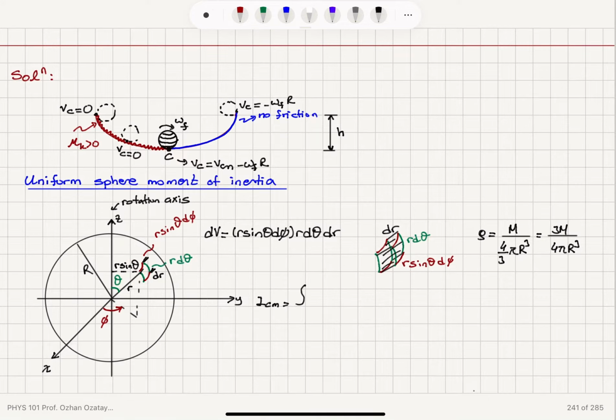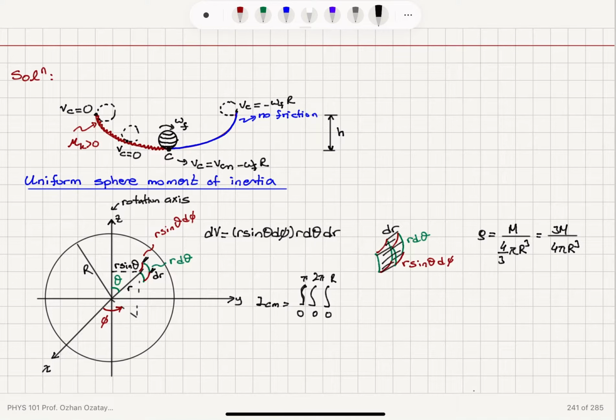As you can see, theta goes from 0 to pi. That's enough, because then we will get a slice here, and this slice will be rotating as phi goes from 0 to 2 pi and covering the full volume of the sphere. So we will have the theta integral from 0 to pi, the phi integral from 0 to 2 pi, and r integral from 0 to capital R.